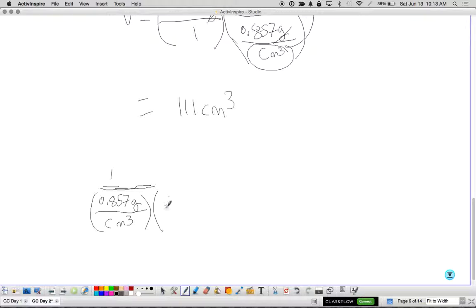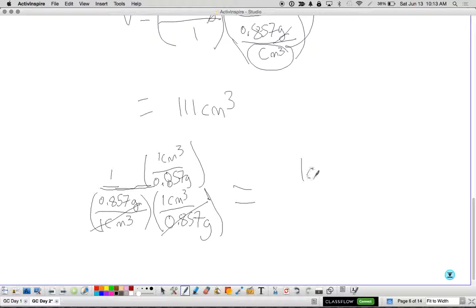So I'm going to multiply top and bottom by the inverse of this, 1 centimeter cubed over 0.857 grams. Notice that these totally cancel each other out, and what I'm left with is 1 centimeter cubed over 0.857 grams. That's how I went from there to just putting the centimeters cubed up top.